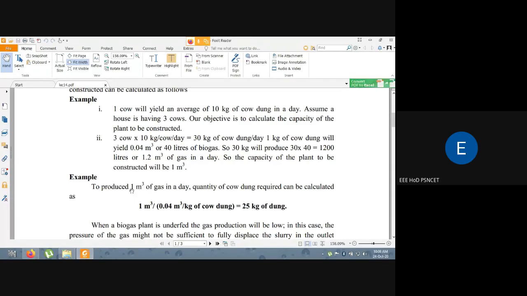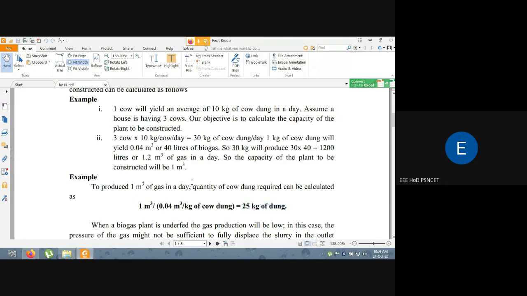Okay, so to produce 1 meter cube of gas, or 1000 liters of biogas, how much cow dung is required? It is a reverse calculation of what we discussed earlier. So 1 meter cube divided by 0.04 meter cube per kilogram of cow dung will be 25 kg of cow dung.